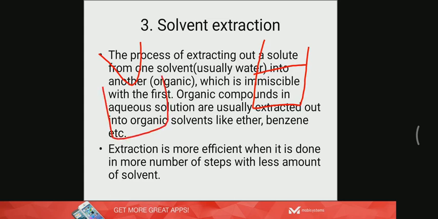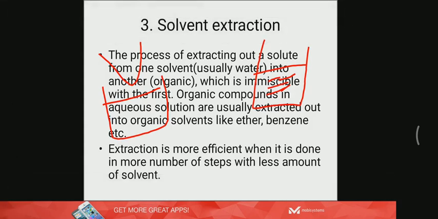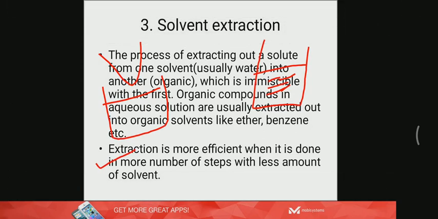You have to extract the compound present in this aqueous solution effectively. So extraction is more efficient when it is done in more number of steps with less amount of solvent.